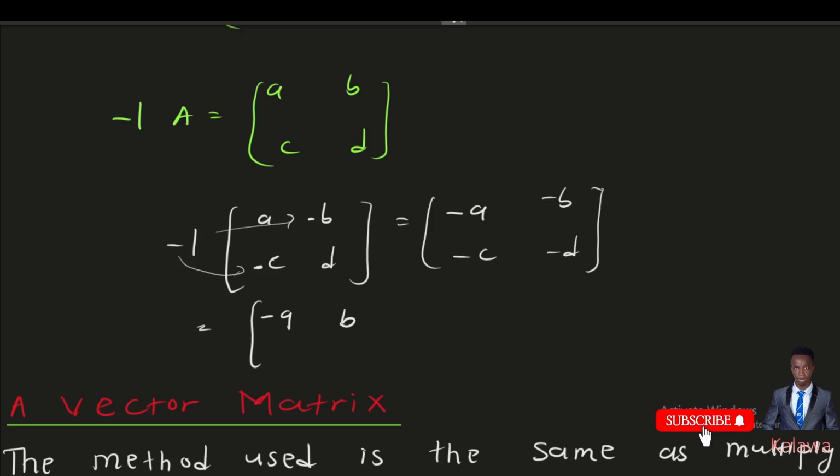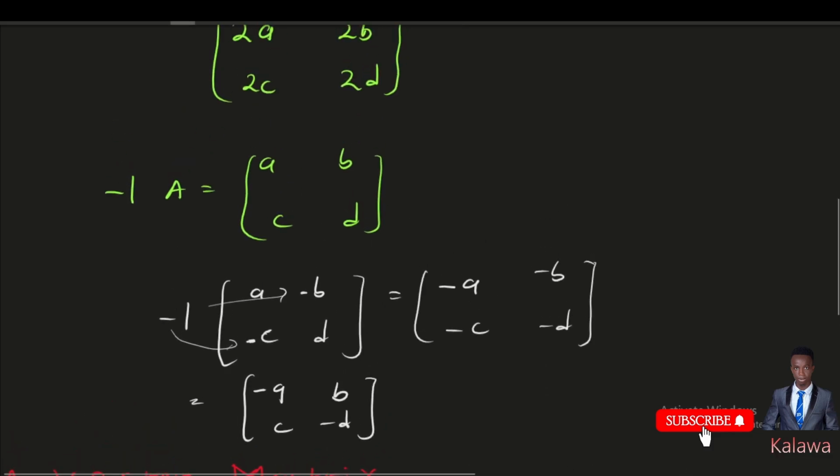Take note of the sign. It's again going to be C, and then minus times D is minus D. So you always be careful and take note of the signs when dealing with scalar multiplication in matrices. So this is all on scalar matrix.